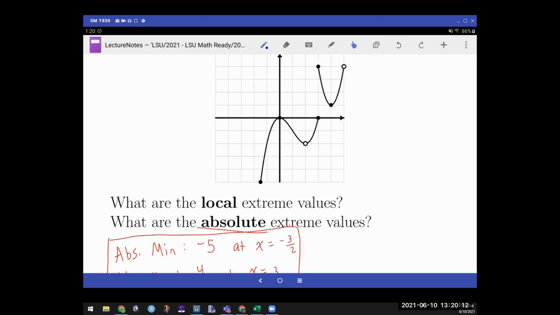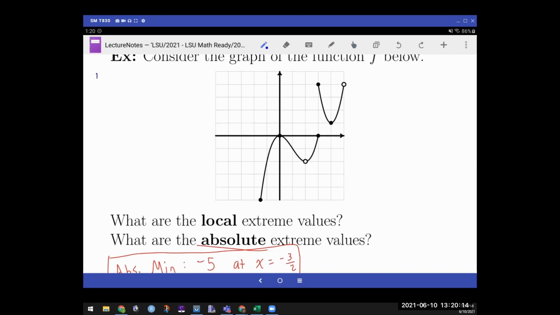So I have a local maximum. The height is 0 whenever x is equal to 0. It's the point (0, 0). I look at this point as a potential local minimum, but I'm missing a point there, so I can't say it's that one.